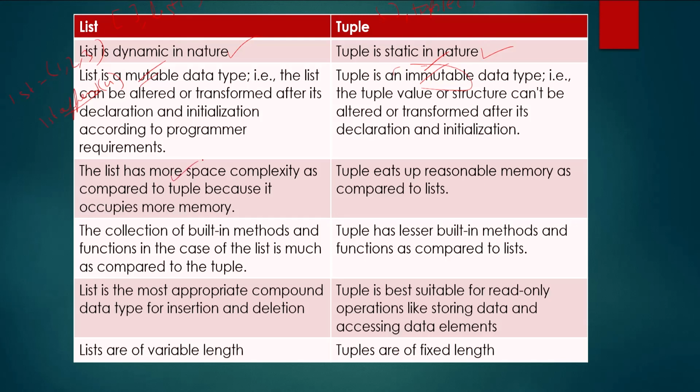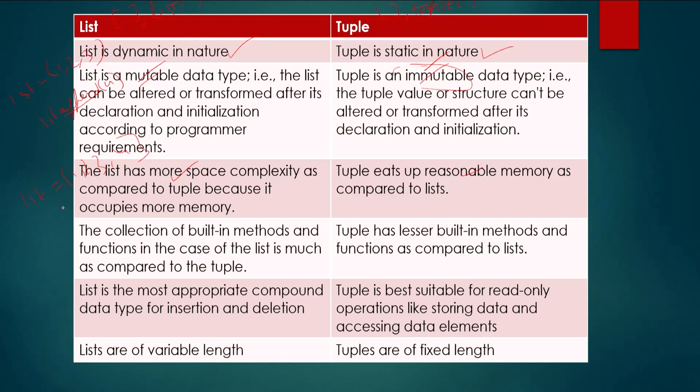Lists occupy more space when compared to tuple because these are dynamic in nature and have to store some extra data. While executing, we may come across a situation where we have to add some extra values to it.